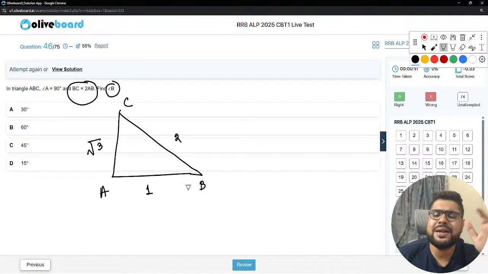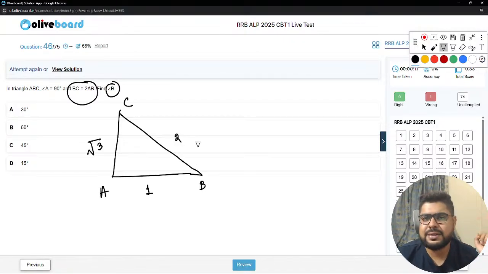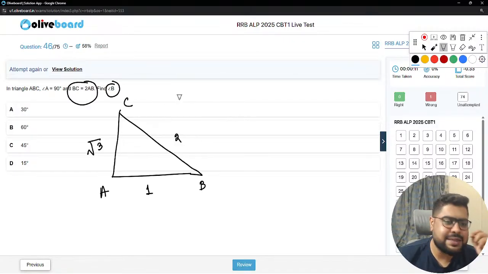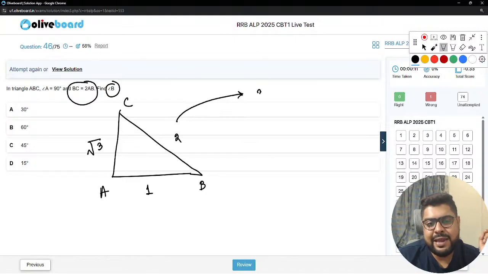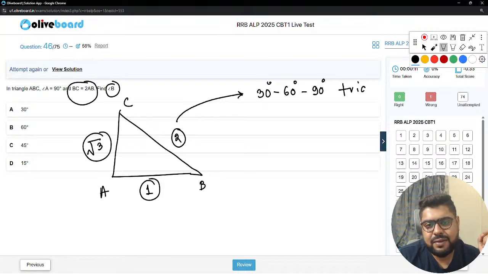Why? You can say Pythagorean triplet, or you just use the Pythagoras theorem. Root over of hypotenuse square minus 1 square. Root over of 2 square minus 1 square, √3. Sir, actually if you have prepared well, just by looking at these values you will say, sir, this is a 30, 60, 90 triangle. Right?